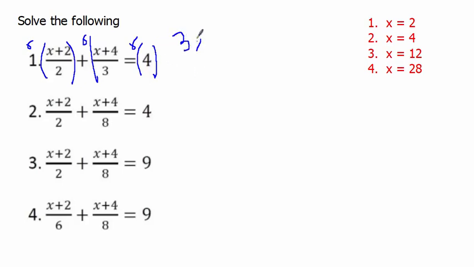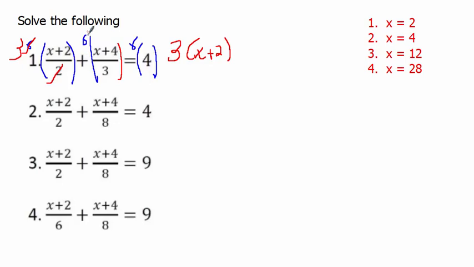So in this one, what I ended up solving was 3x plus 6. Now, let's back up a little bit and see how we get that. So 6 goes into 2 3 times. So what I'm multiplying is 3 times x plus 2.